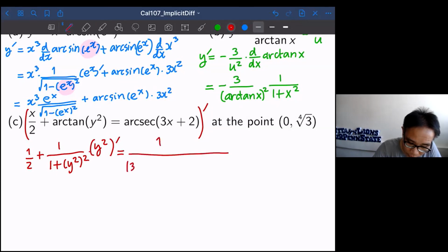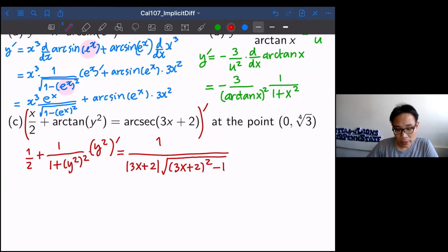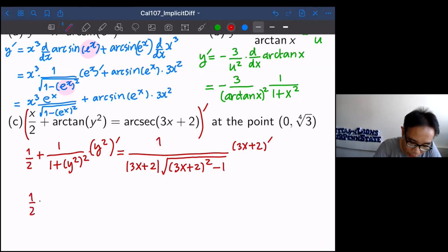Like I said, it's going to be the absolute value of 3x plus 2. If you don't have absolute value, they should be fine. And you have the square root of 3x plus 2 squared minus 1. Okay, and you differentiate inside, so it's going to be prime like this. And this one will be 1/2 plus 1 over 1 plus y to the 4th.